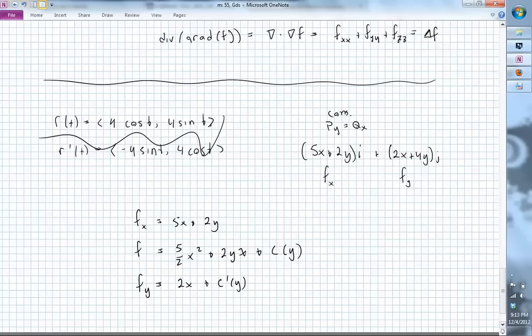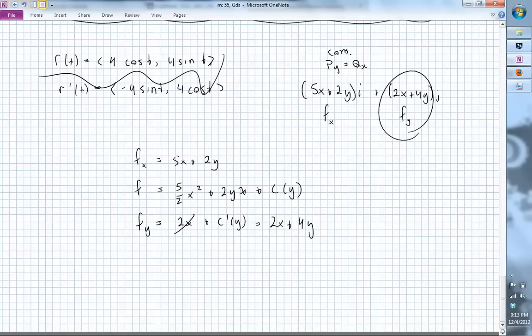And that has to equal 2x plus 4y from up here. Often you'll get some cancellation like that, and you'll know you've made a mistake if what's left has an x in it. C of y is then 2y squared plus some constant, say d.